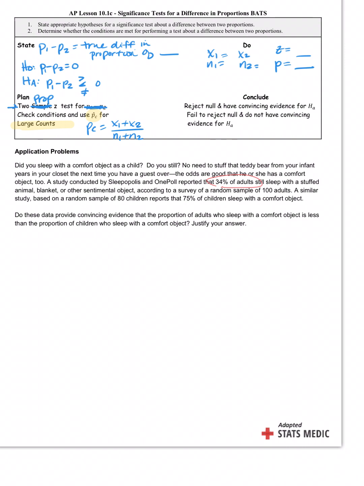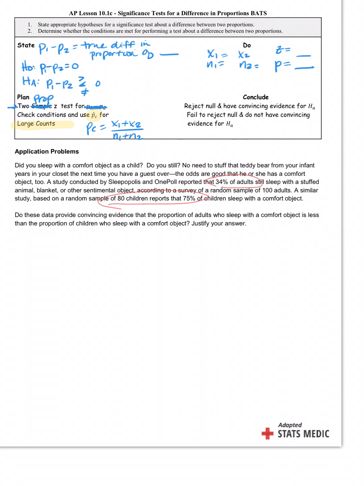A similar study based on a random sample of 80 children said that 75% of children sleep with a comfort object. So then the question is asked, do these data provide convincing evidence that the proportion of adults who sleep with a comfort object is less than the proportion of children who sleep with a comfort object?